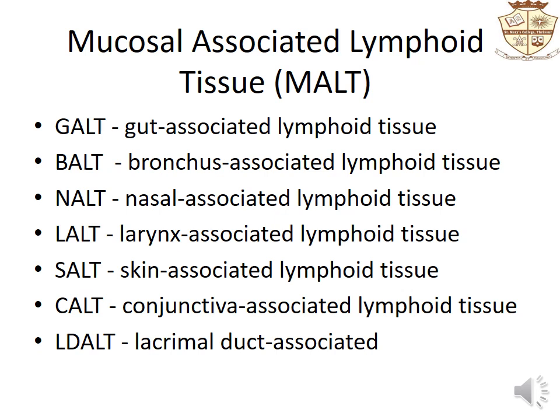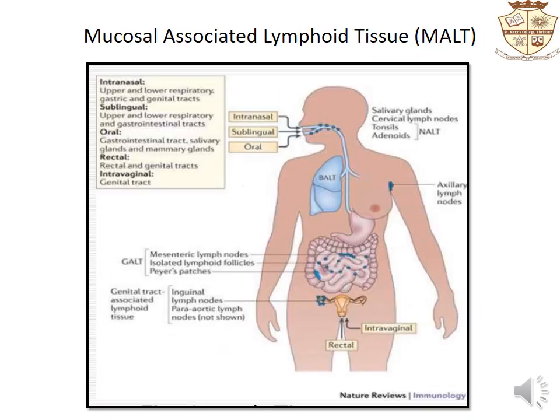Examples for well organized structures are tonsils, appendix, Peyer's patch, etc. Peyer's patch also comes under GALT or gut associated lymphoid tissue. This diagram shows the anatomical locations of mucosal associated lymphoid tissue or MALT.